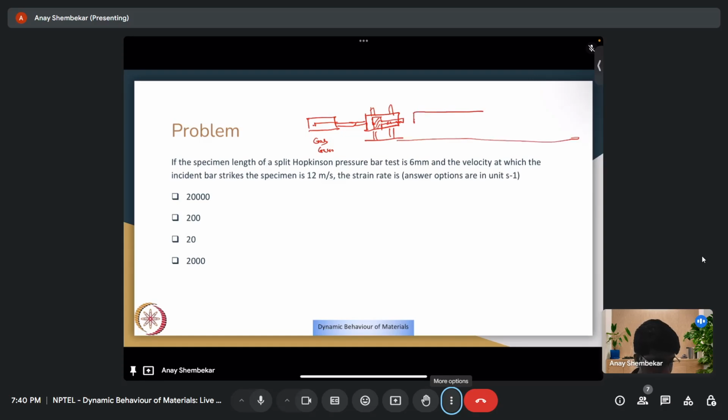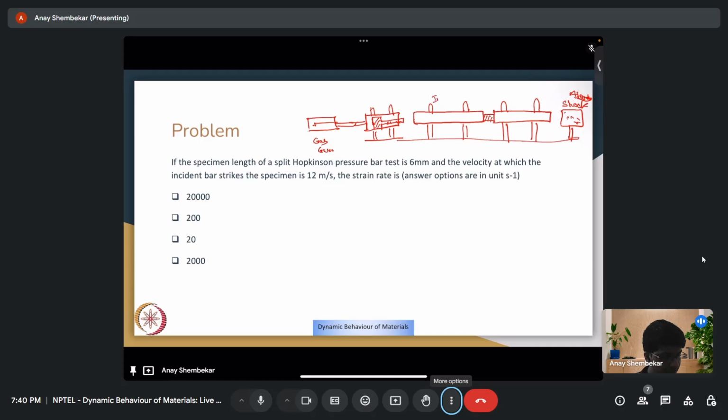There is an incident bar, there is a specimen, and then there's a transmission bar, and at the end there is a shock absorber or momentum capture.